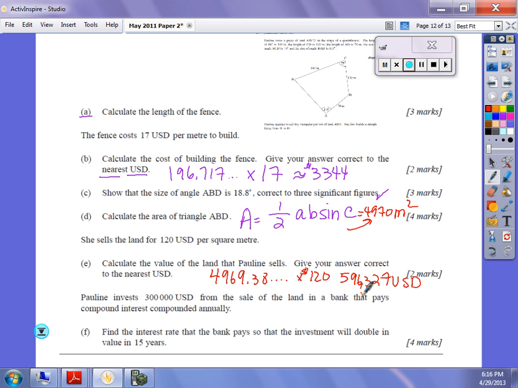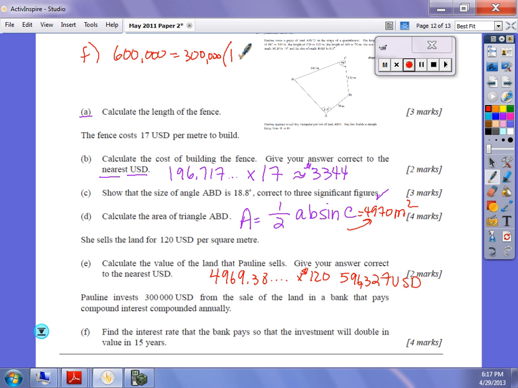And let's see what happens next. Pauline invests $300,000 US dollars from the sale of her land in a bank. We've got more compound interest. We're compounding interest annually, and she would like to end up with $600,000. So I'm going to actually do my calculation up here. She wants $600,000. She's going to invest $300,000 with interest compounded annually.